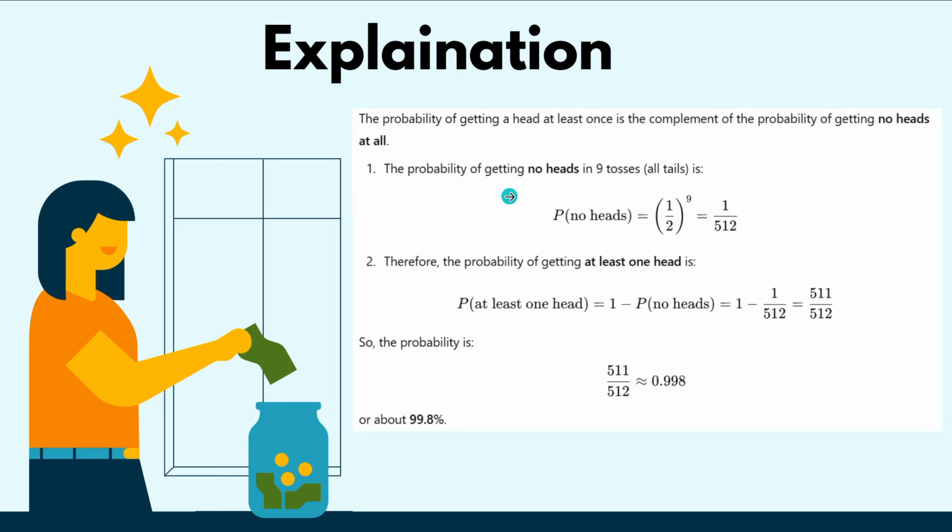P of no heads is 1 by 2 power 9, that is 1 by 512, and therefore the probability of getting at least one head is total minus no heads, that is 511 by 512. The probability is 511 by 512, and the correct option is option B.